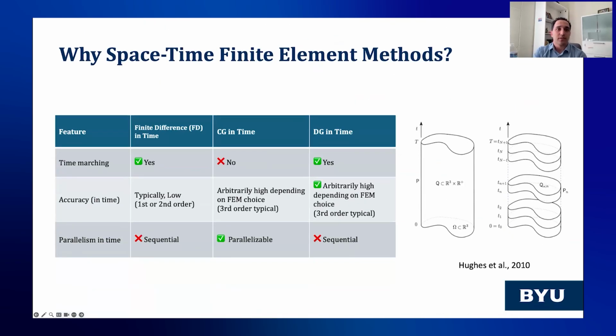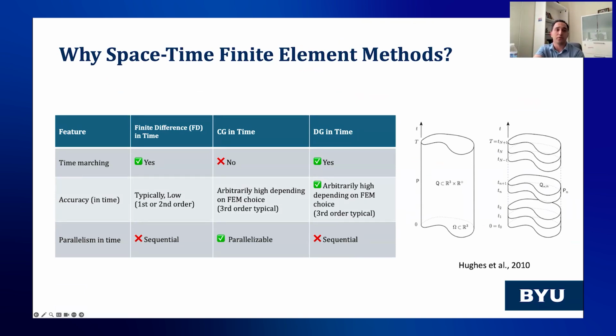Why space-time finite element methods? Finite difference has its own strengths, but we are interested in conservation also. Space-time does have the conservation, but our two-dimensional problem is already complicated, and by adding an additional dimension as time, it will be much more complicated.